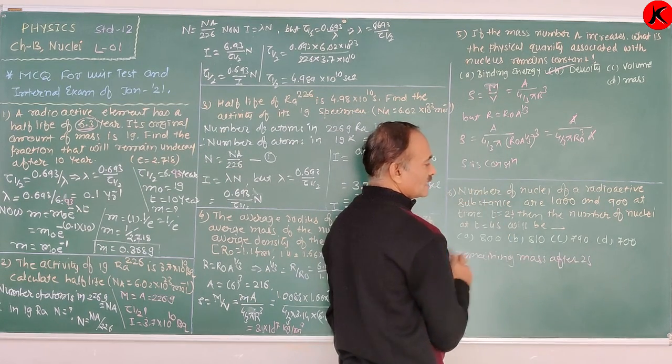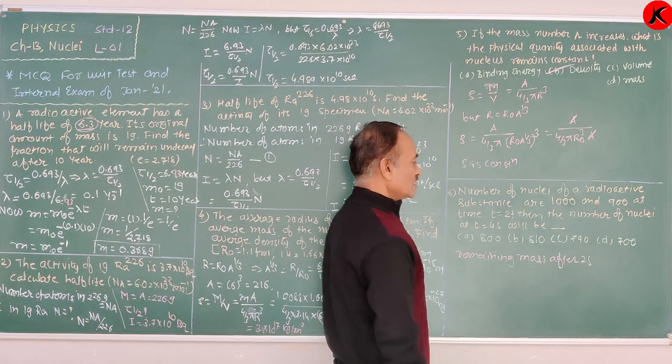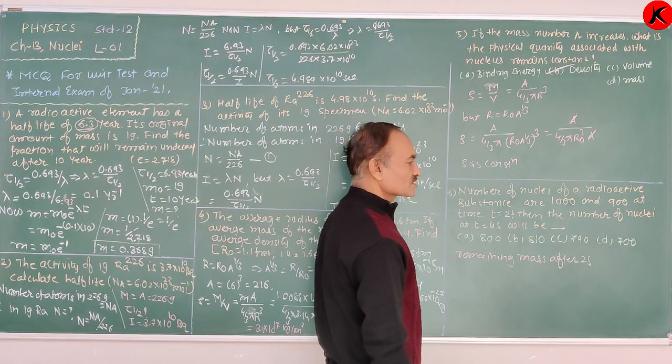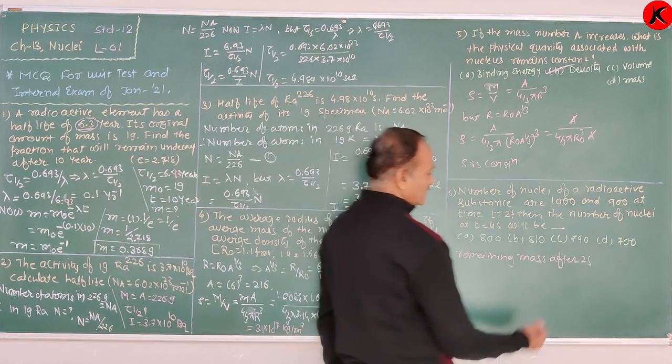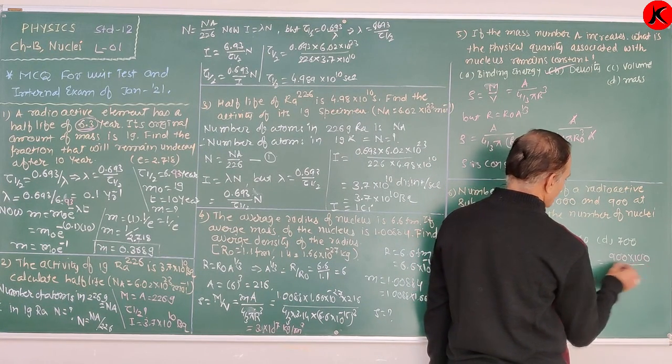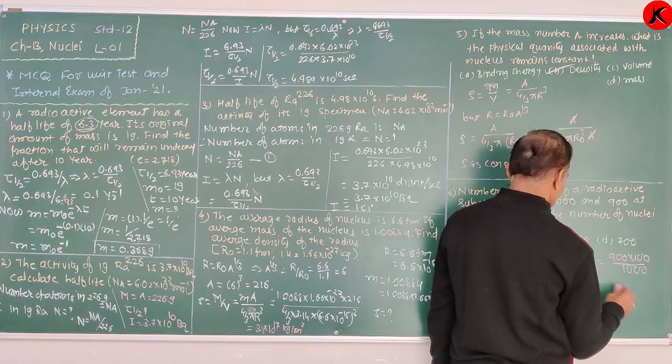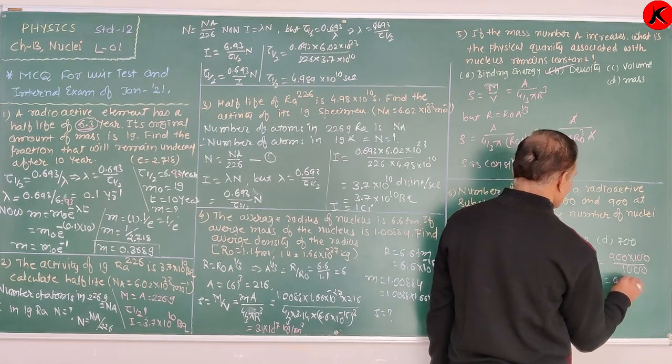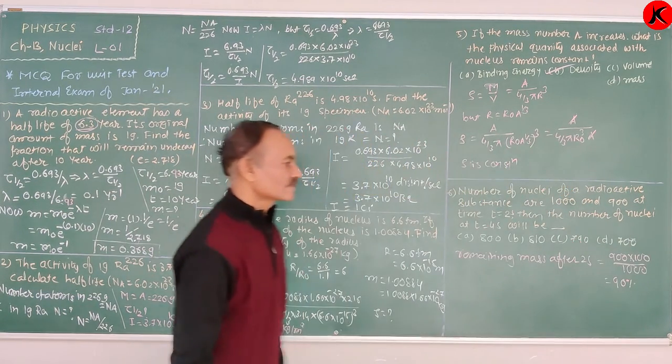Initially 1000, after 2 seconds 900. So what will it be after 4 seconds? After the 2 seconds, it is 900 into 100 upon 1000, that means 90% is remaining.